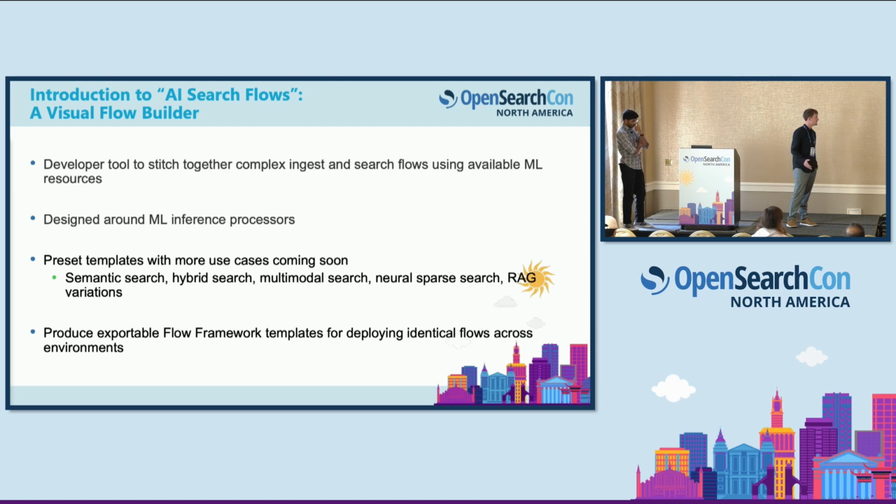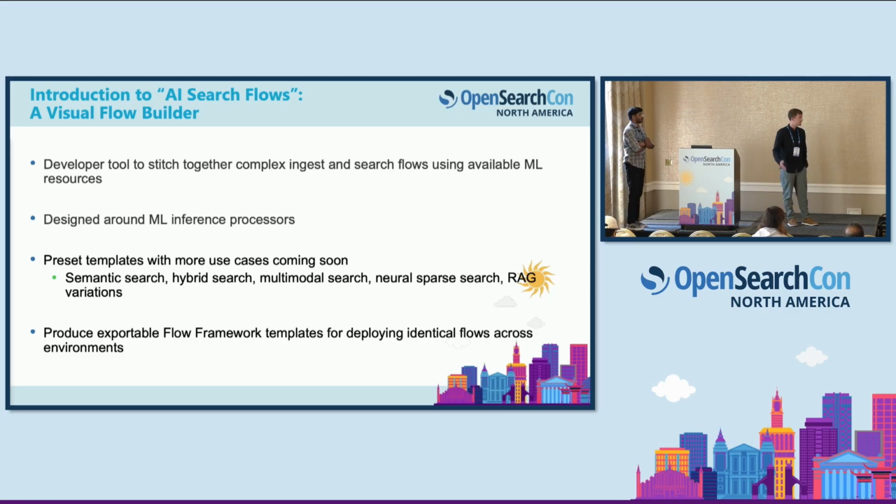These processors allow bringing any model you have, regardless of the complexities of its model inputs and outputs, and stitching that in at different points in your ingest and search flows to build the workflows that fit your particular use case. Similarly on the UI, we have several different use cases, initially focused on vector search: semantic, hybrid, multimodal, neural sparse, and some RAG variations.